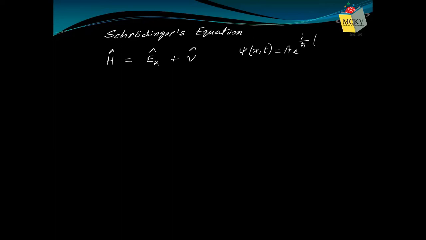Omega t minus kx or kx minus omega t? We'll write px minus Et here. Though from the property of the wave function we can write the opposite also, physically it should be written in this way.